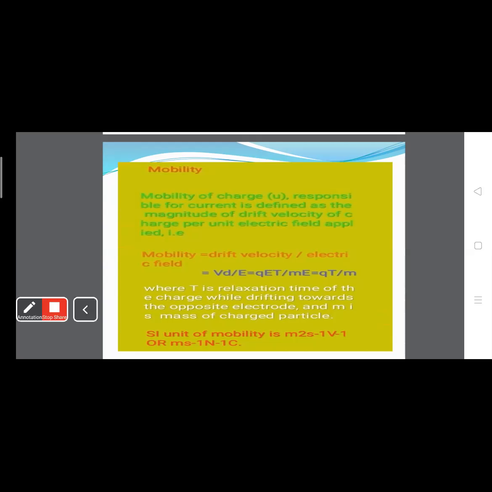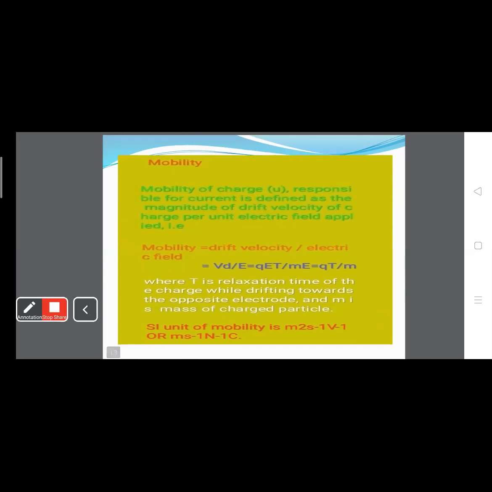So now put the value of drift velocity Vd. We know the formula of drift velocity is qEt upon m, and E cancels. So you will get mobility equal to qt upon m, where t is the relaxation time of the charge while drifting opposite to the electric field, and m is the mass of the electron.